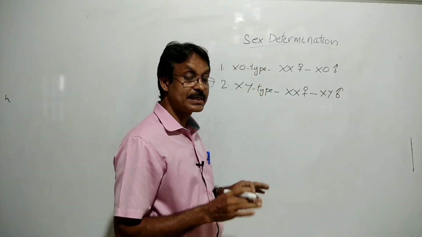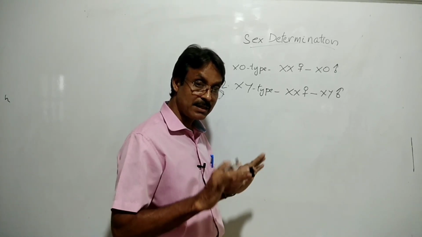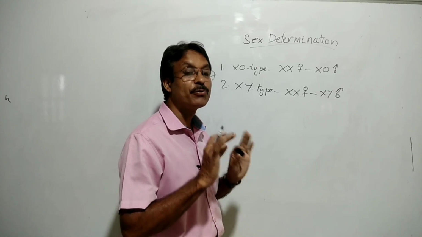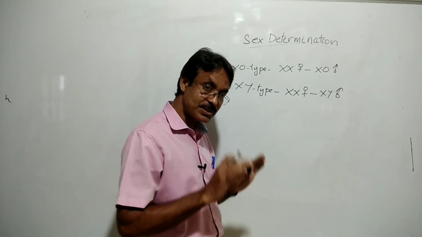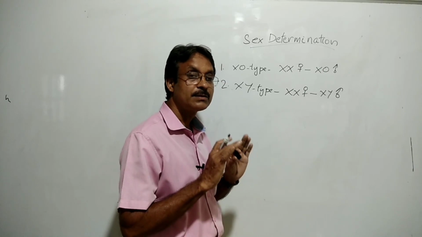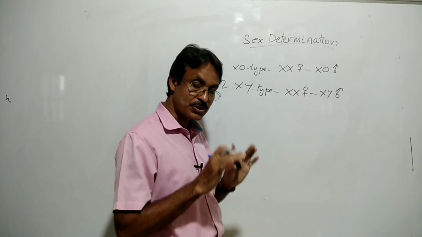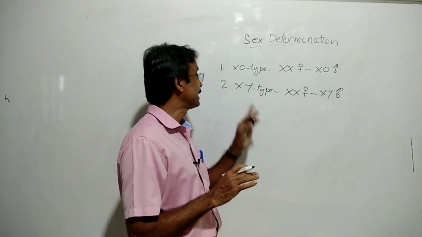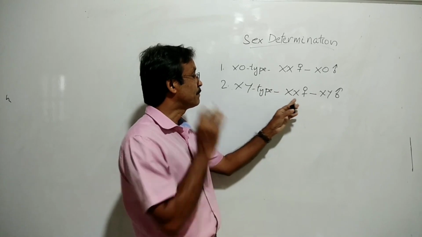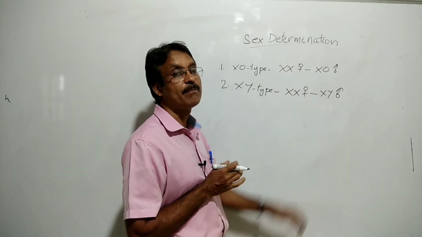This sex determining mechanism is present in all mammals including human beings. It is also present in some insects like Drosophila. Thus, in human beings and in Drosophila, the mechanism of sex determination is the XY type, or XX female XY male mechanism.